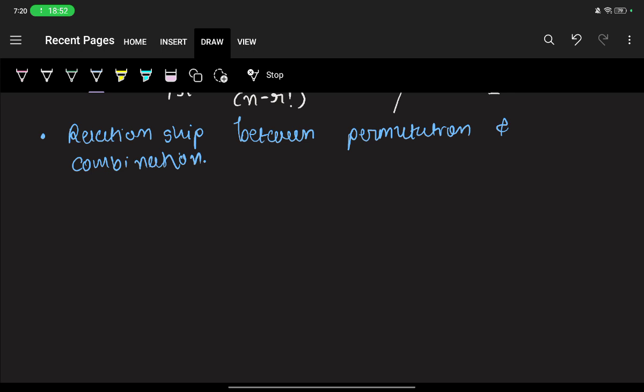When we compare the two formulas, NCR was n factorial divided by r factorial multiplied by n minus r factorial.